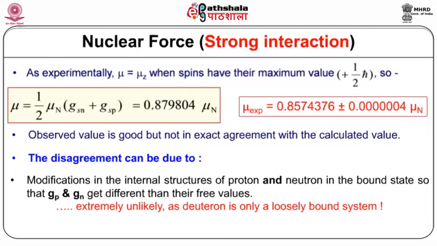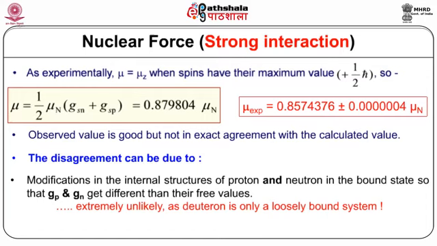This disagreement in the magnetic moment can be due to various reasons. One of the reasons can be modifications in the internal structures of protons and neutrons in the bound state, so that g_p and g_n get different values than their free values.